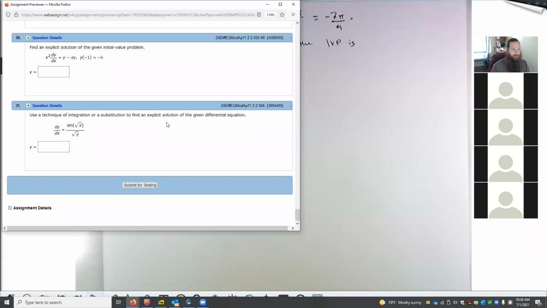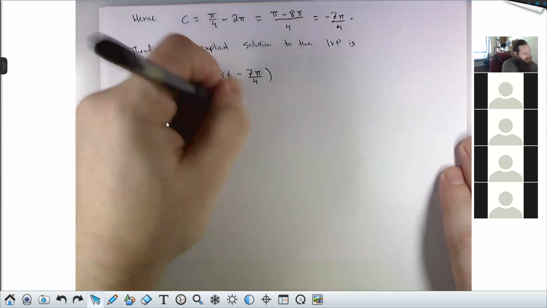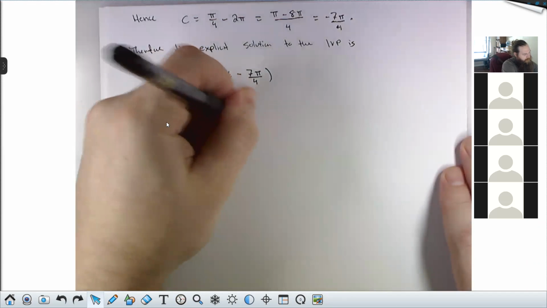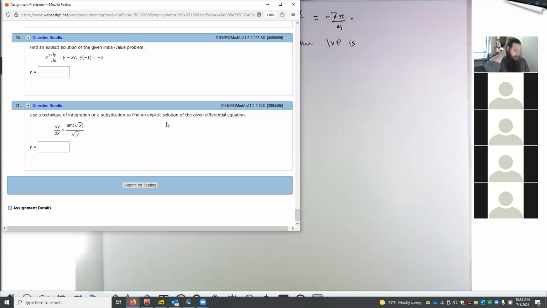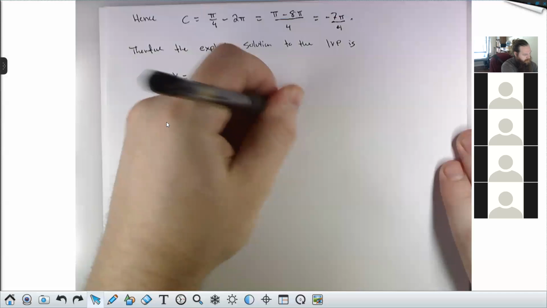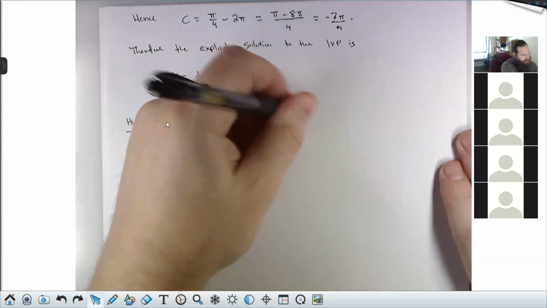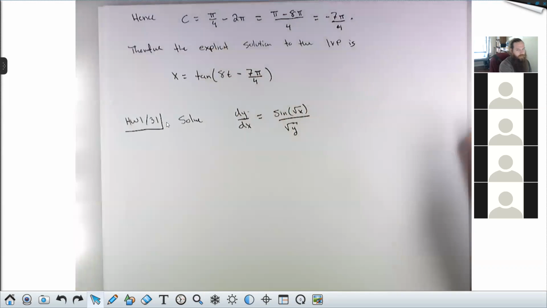I'm just going to say solve dy dx equals sine root x over root y. And they're hinting that you're going to want to use a substitution somewhere along the road here.